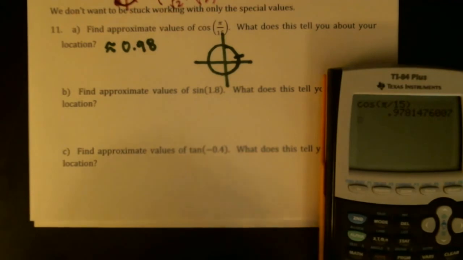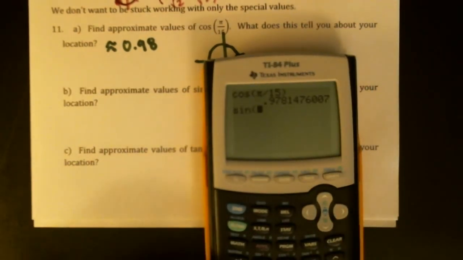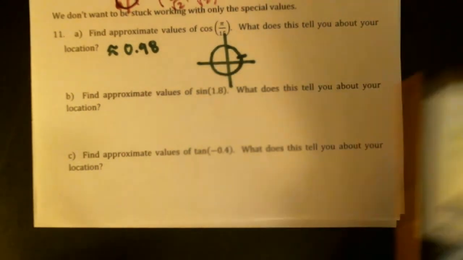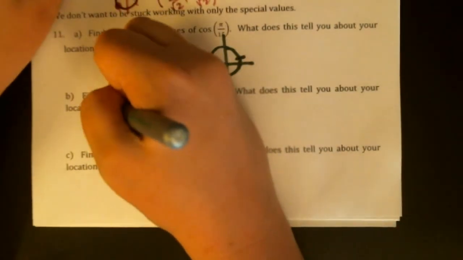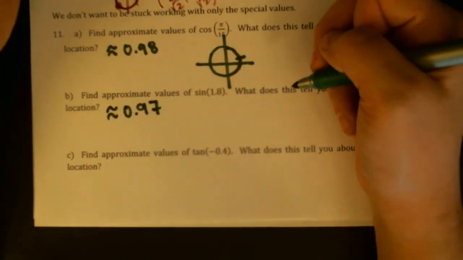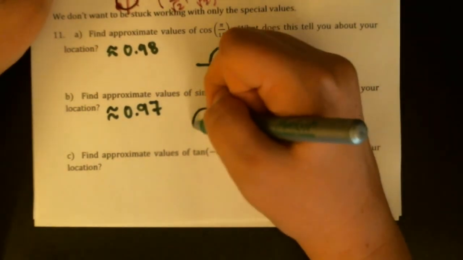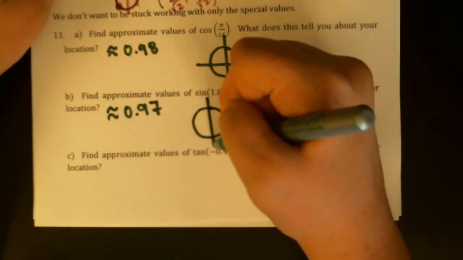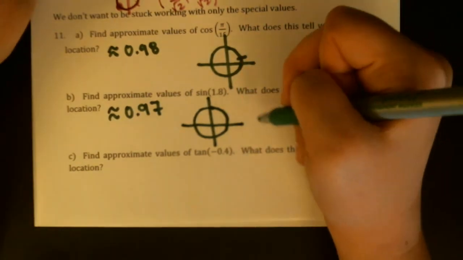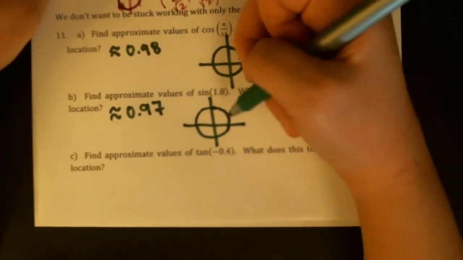All right, so sine of 1.8 is 0.97-ish. I gave you ones with nice big values. We can only get up to 1, so 0.97 is pretty big. Okay, so 1.8, again, I would expect, even without a calculator, that you could give me a ballpark estimate of where you land if your arc length is 1.8.